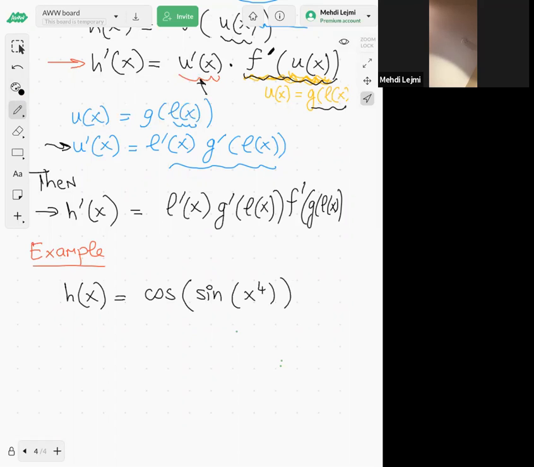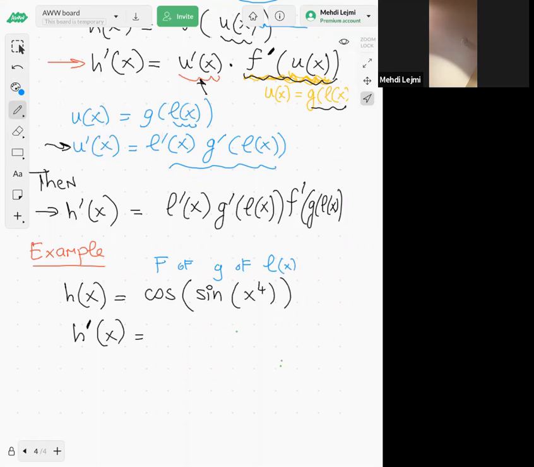And of course, the question is, you want to compute the derivative h prime. This cosine of sine of x to the fourth is a composition of three functions. This is like f of g of x fourth, or f of g of L of x, of course.